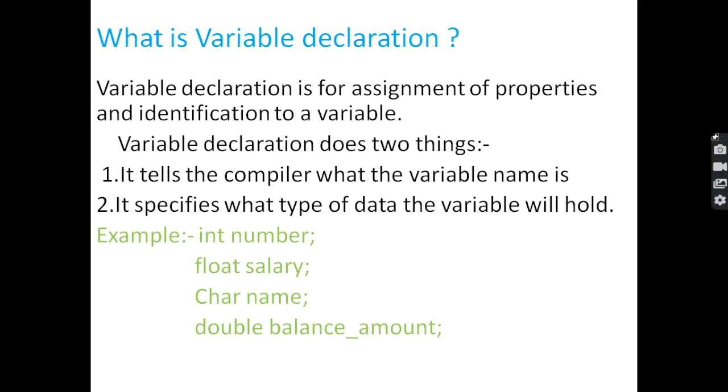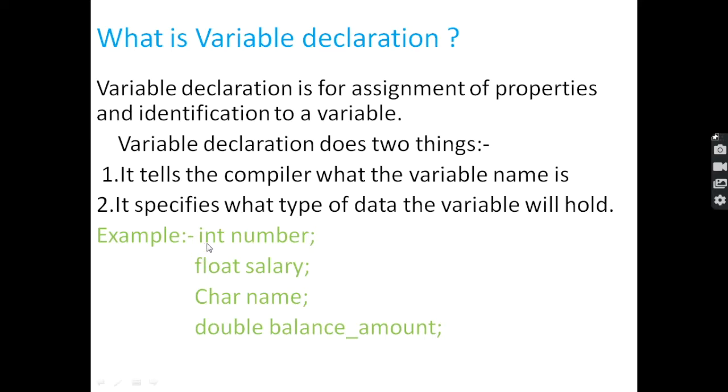Variable declaration does two things. It tells the compiler what the variable name is, and it specifies what type of data the variable will hold. First point, it tells the compiler the variable name. It means a declaration statement always tells the compiler the variable name.